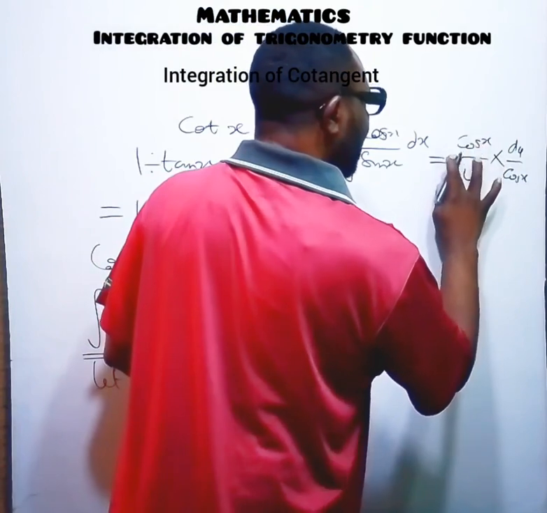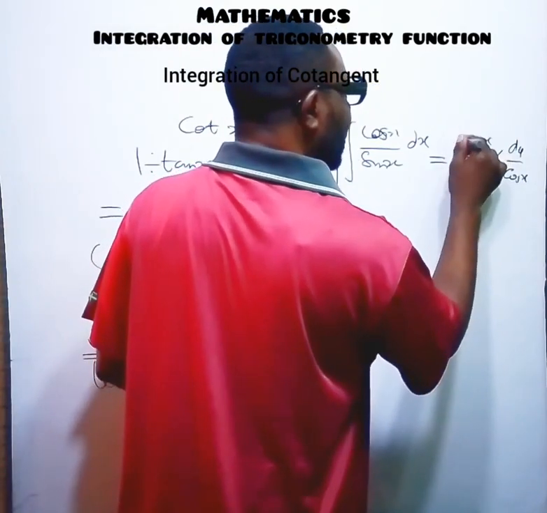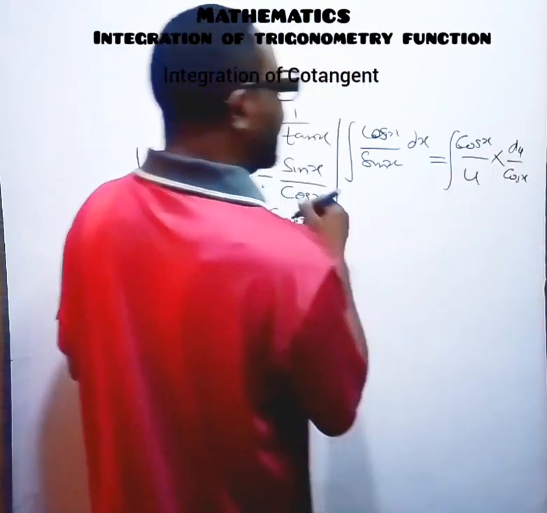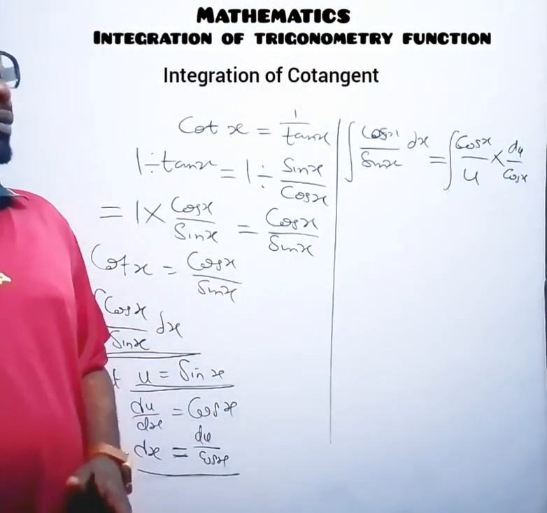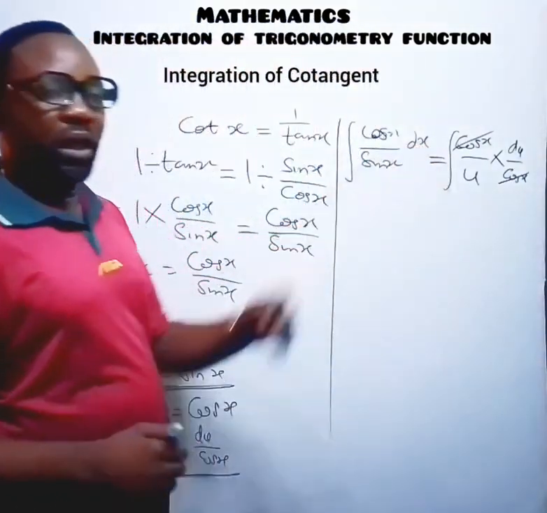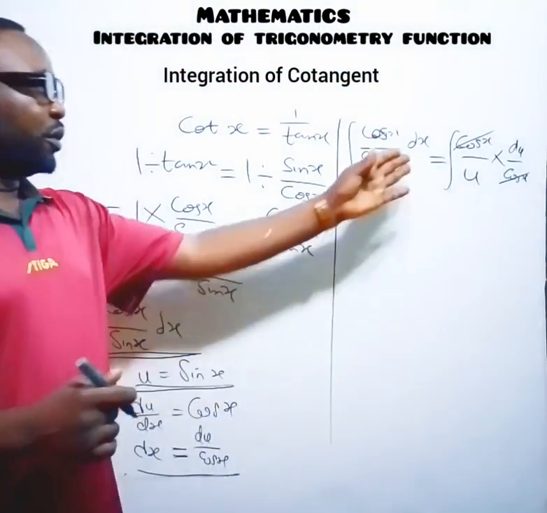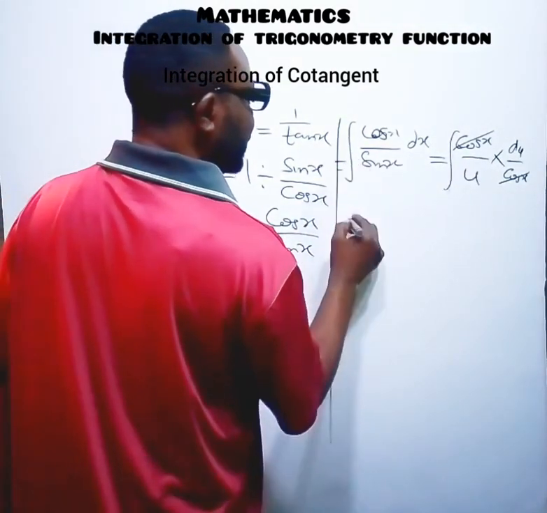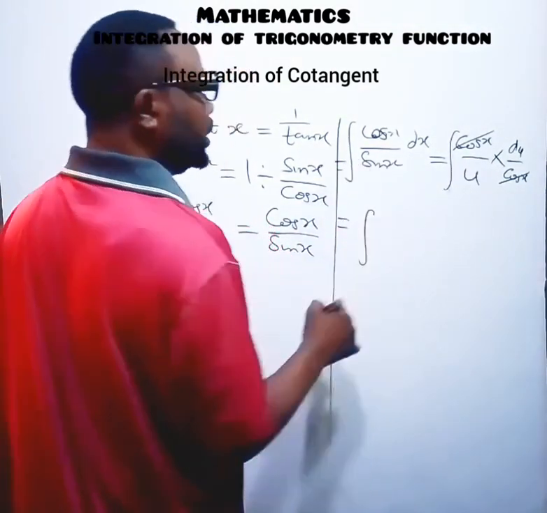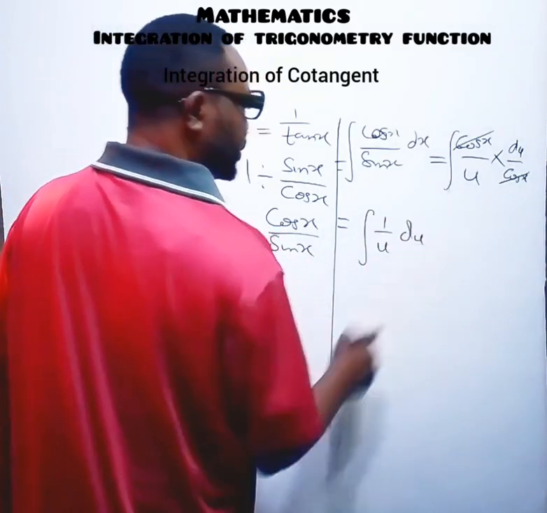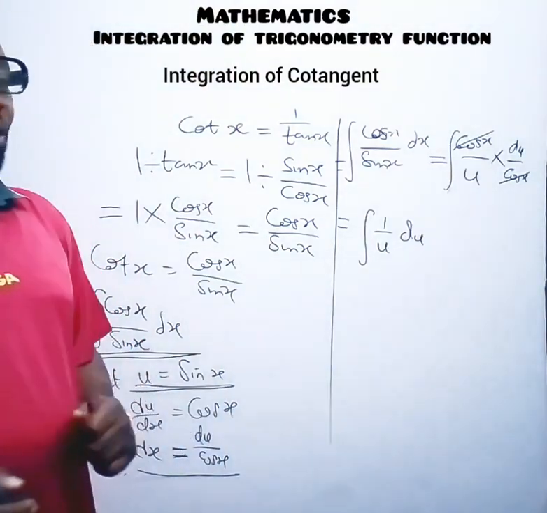At this level, we can cancel this cos x out from this expression, which is going to leave behind the integral of 1 over u du.